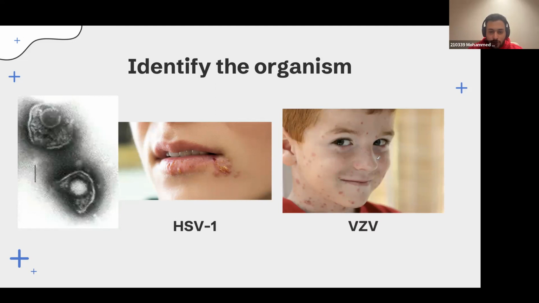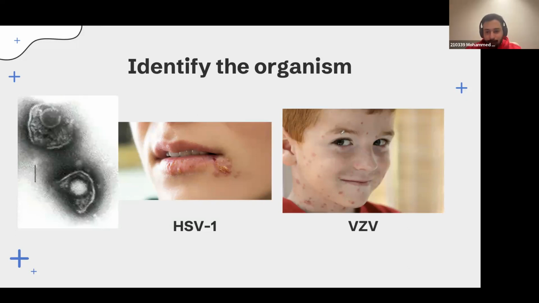Now, does varicella zoster have a vaccine? What type of vaccine is it? It's a live attenuated vaccine. Okay. Remember that.